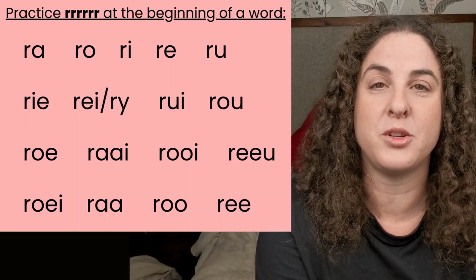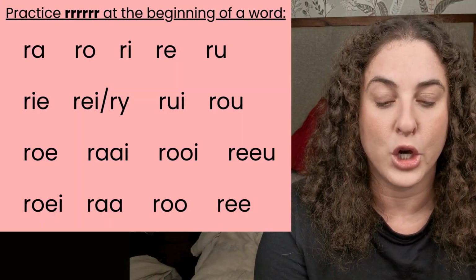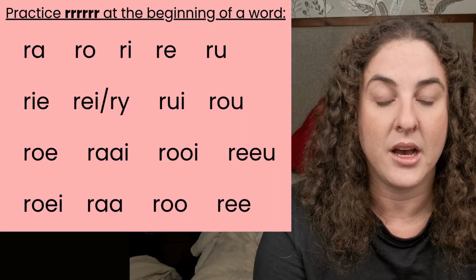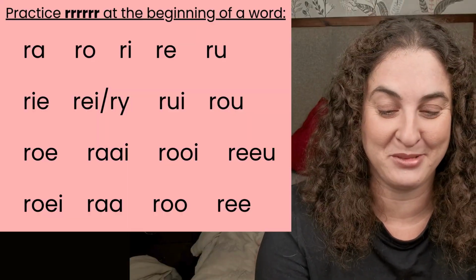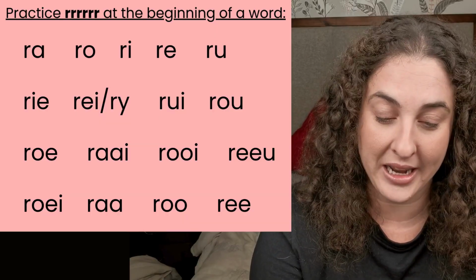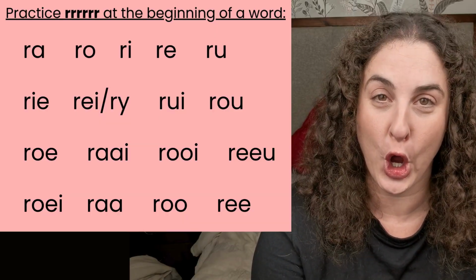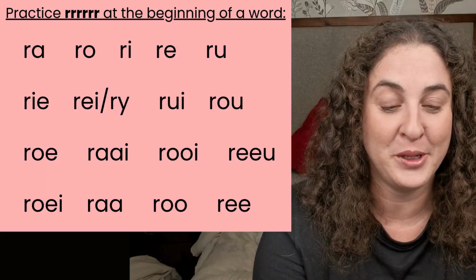But the combinations that you will get is the ones I give on the screen, which is ra, ro, re, ri. Well, that one is a tough one. And ri, rai, and rai. That's a mouthful.